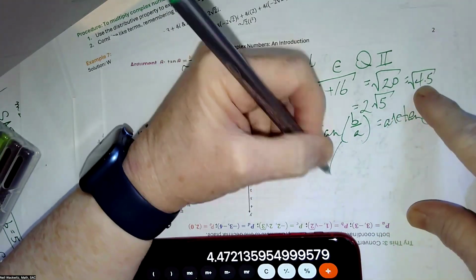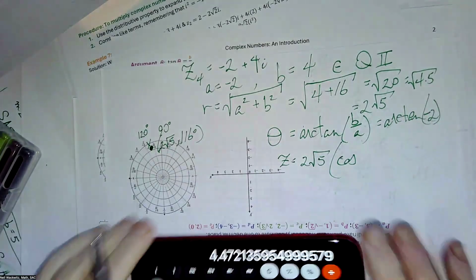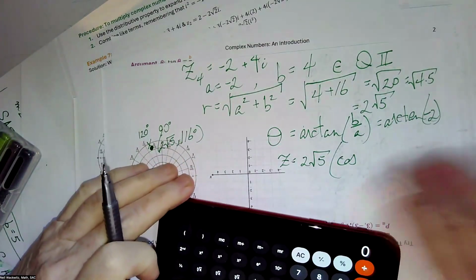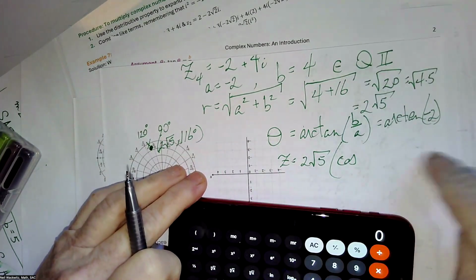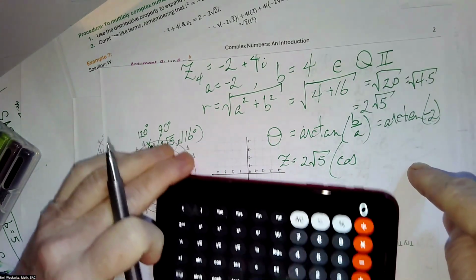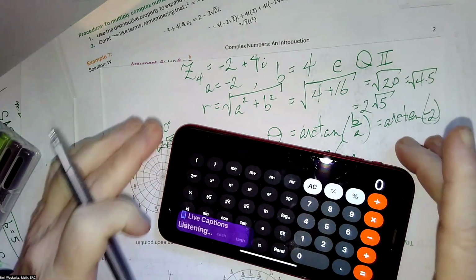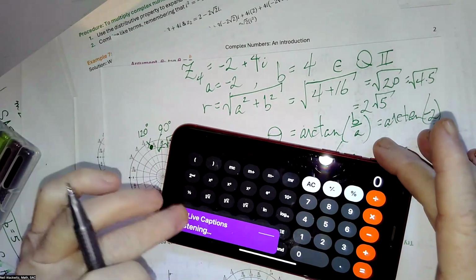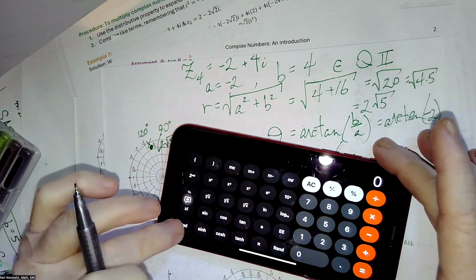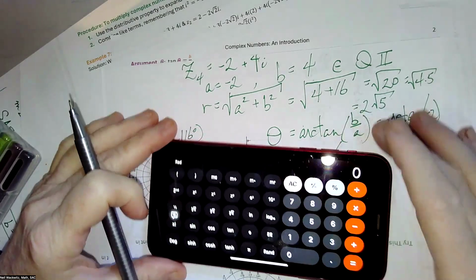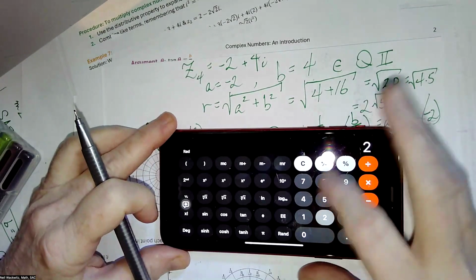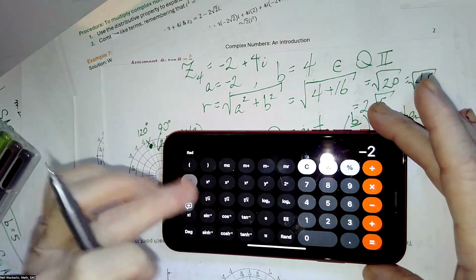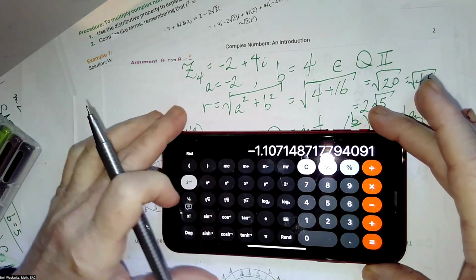So 2 square root of 5 cosine of, and now in this form we need the angle to be in radians. So I'm going to do this. Here we go. So we've got -2, and I'm going to do inverse tan in radians.